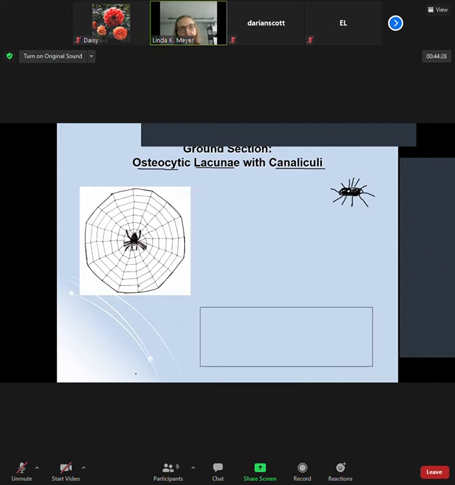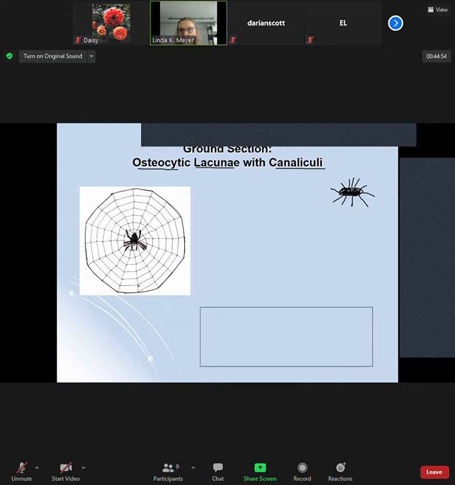An analogy for this would be when you put a footprint in the sand at the beach. Your foot is not there, just the space where your foot made the imprint is. Your toes would be kind of like the cell processes or the canaliculi.